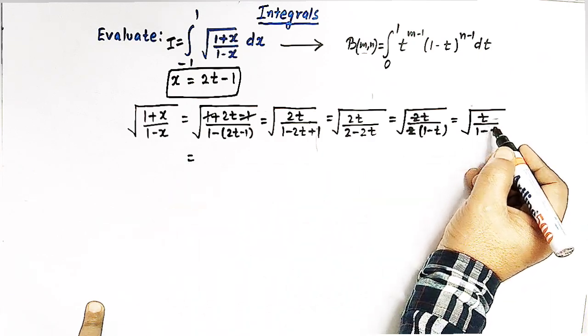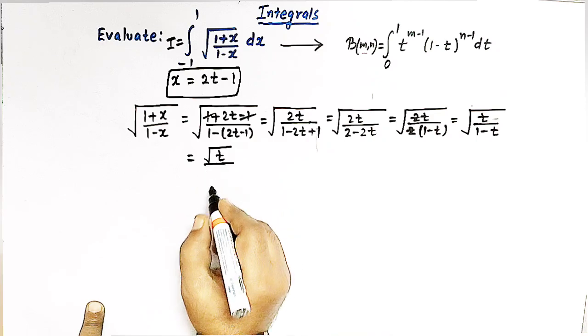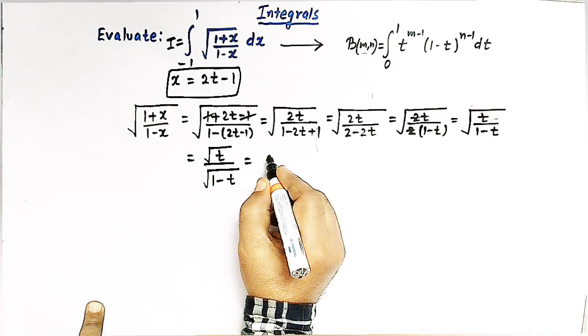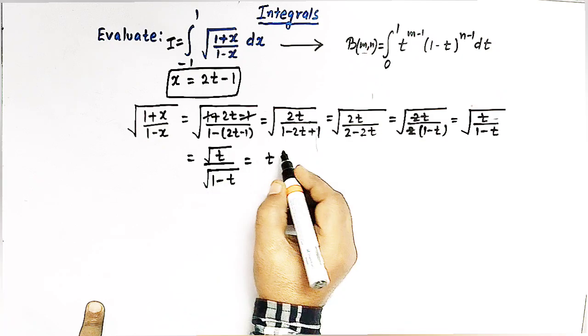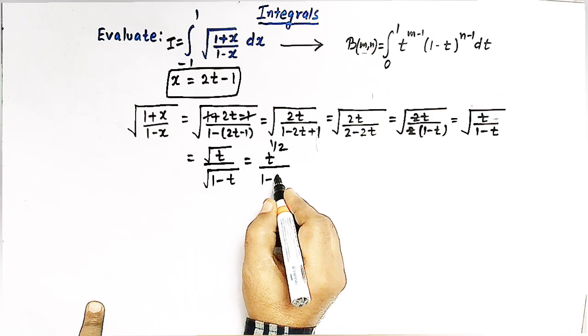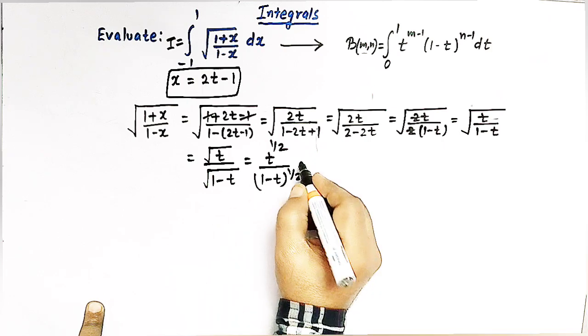We can also write this expression as the square root of t divided by the square root of (1 minus t), and the square root of t can be written as t raised to half, with (1 minus t) raised to half in the denominator.